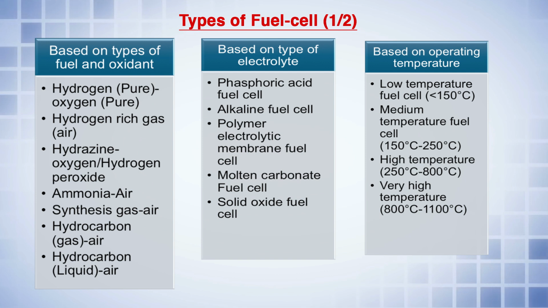The next is the high temperature fuel cell, which operates between 250 and 800 degrees Celsius. And whenever we operate the fuel cell at 800 to 1100 degrees Celsius, it comes in the category of very high temperature fuel cell.